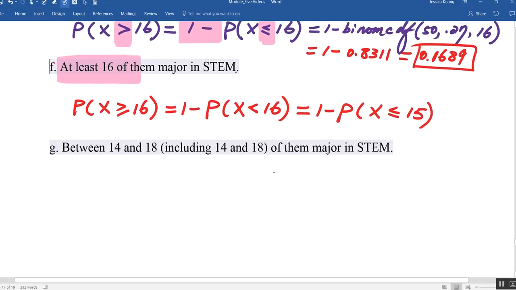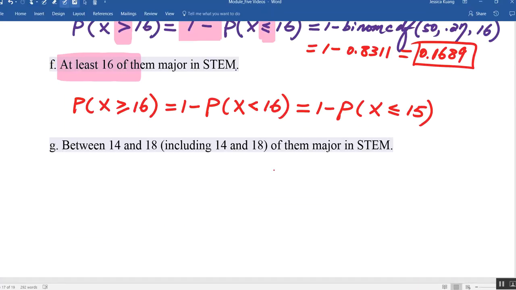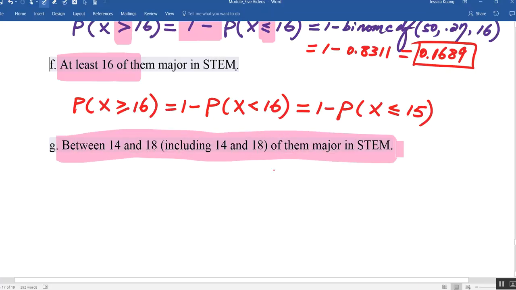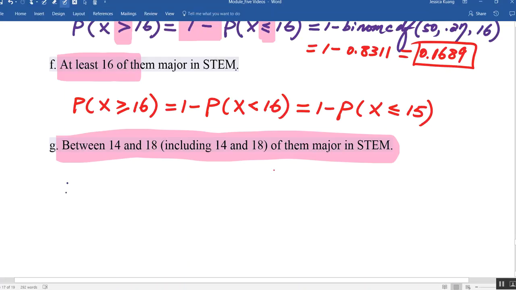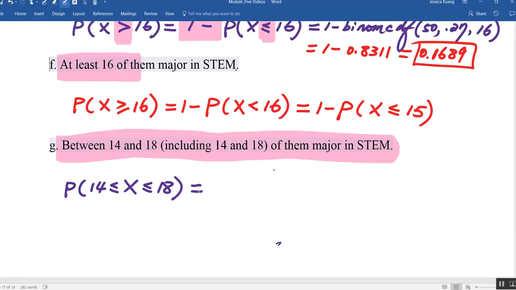Now let's look at the very last part of this long question. We want to know the probability of having between 14 and 18 students, including 14 and 18. So we're looking for the probability of 14 less than or equal to x less than or equal to 18. Once again, I want to rewrite this inequality because I want to use binom CDF.